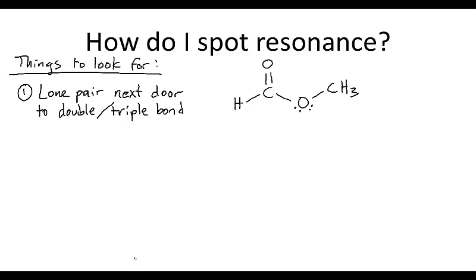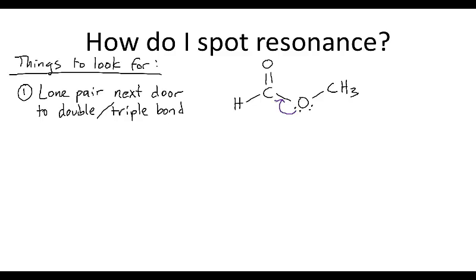All right? So, I have this lone pair and it says, hey, oxygen, maybe you could let me hang out with carbon every once in a while. So, I can draw an arrow showing this pair of electrons getting shared with the carbon. Now, carbon doesn't have room for any more electrons right now.